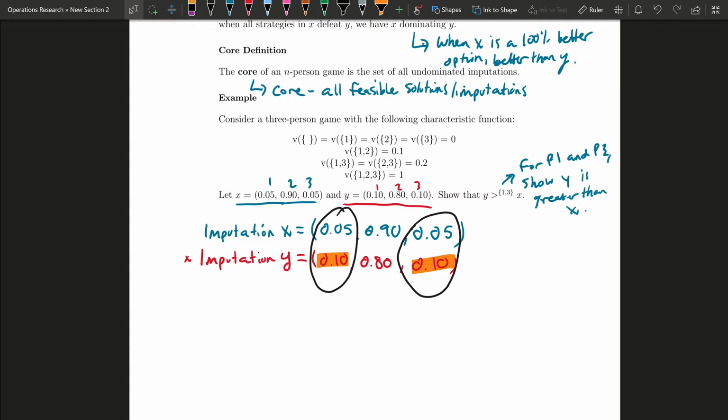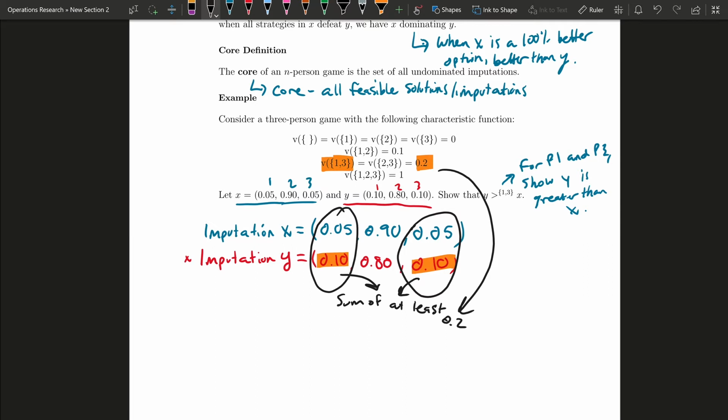Now to take this one step further, we can also look at the characteristic function up here for players 1 and 3. If just these two team up, they're expecting to make a reward of 0.2. So if you look down here, the sum of these two numbers should be at least this 0.2 that they're guaranteed in the characteristic function.